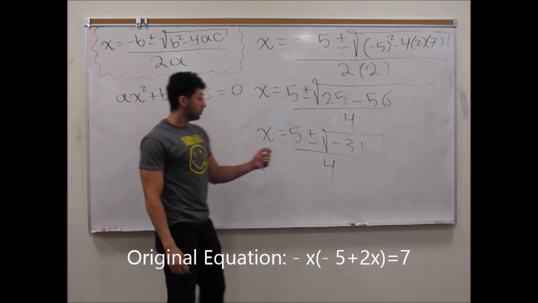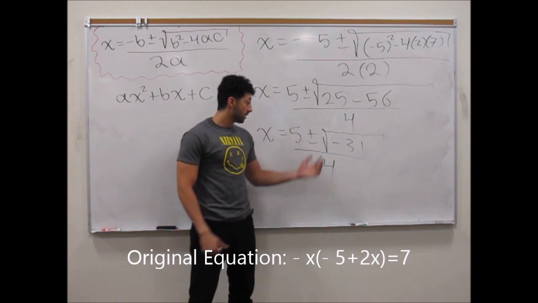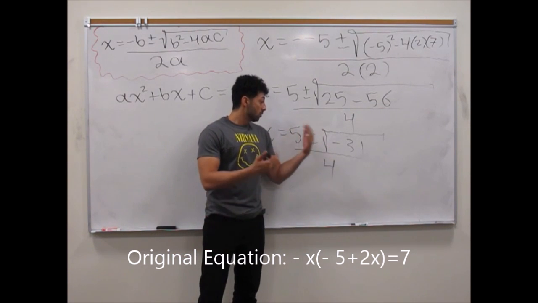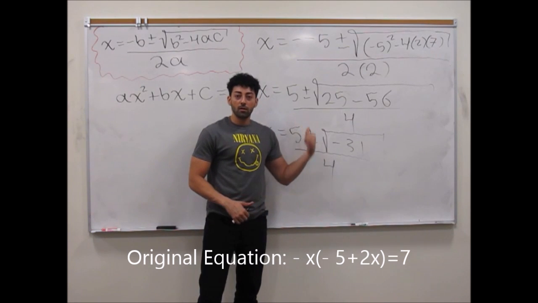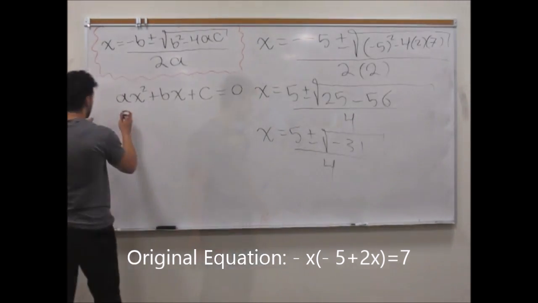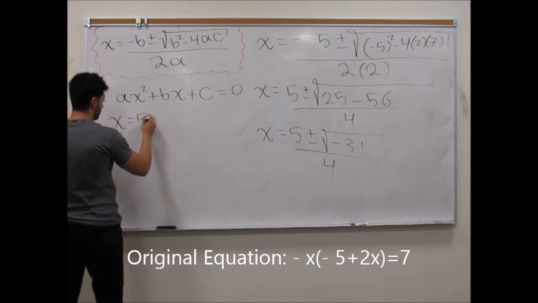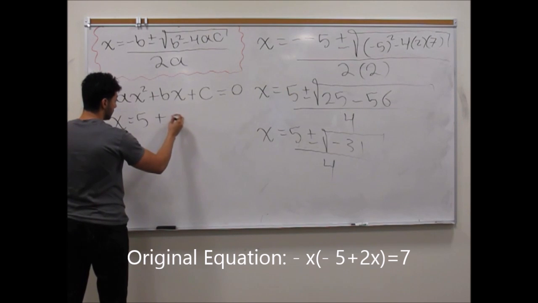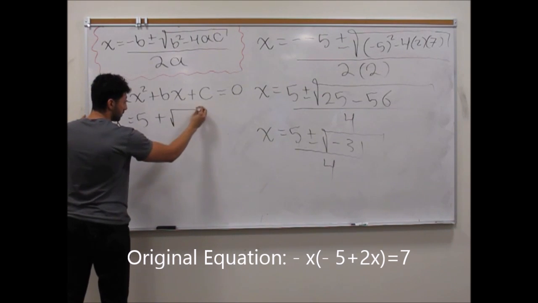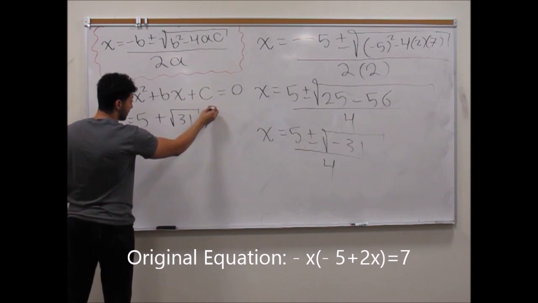Alright, so you know with the negative deal, right? I's come out for imaginaries, because you can't have negatives under the radical. And if you did the discriminant on this and got that d was less than 0, you would have seen that earlier. Alright, so you got x is equal to 5 plus, there's the rad 31, because there's nothing you could do with that, but that negative comes out as an i.